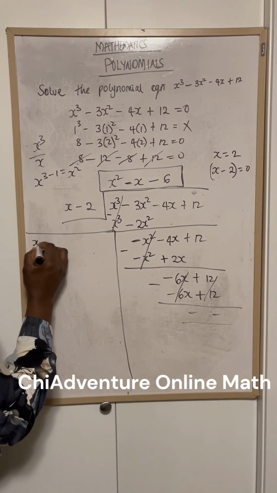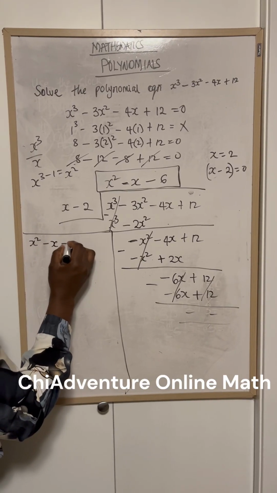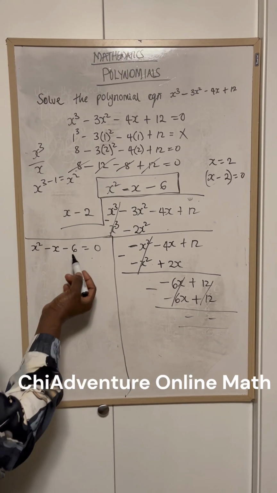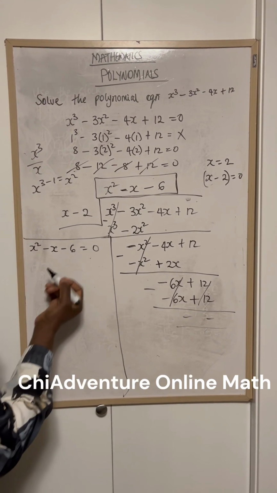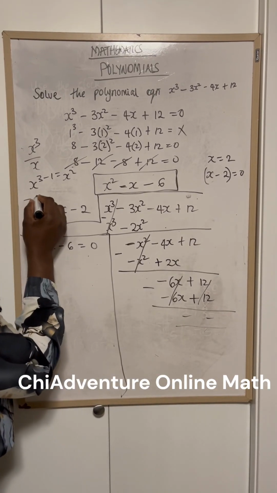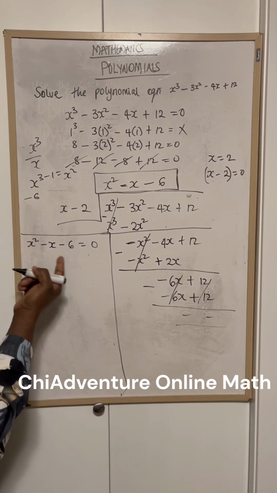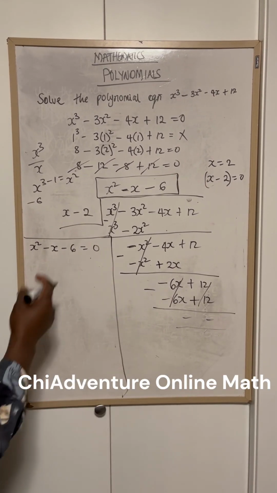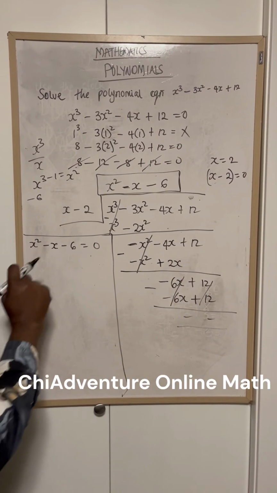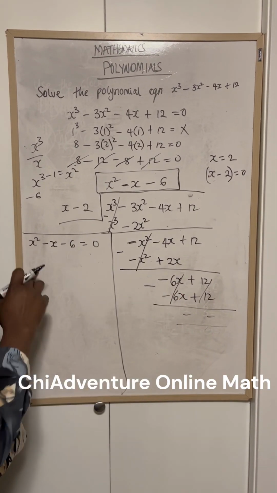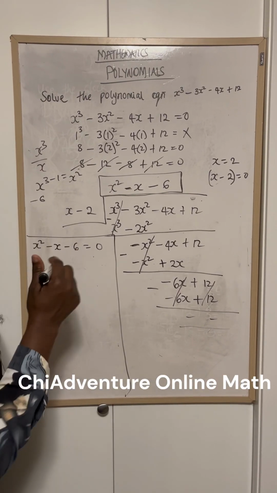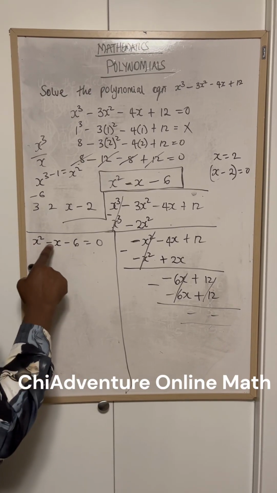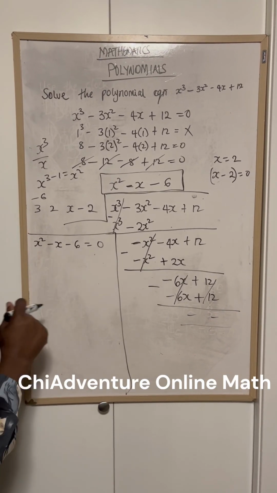So we'll just quickly solve this here. We're having x squared minus x minus 6 is equal to 0. So in factorization, we'll look at what? The constant term. The constant term here is minus 6. What are two factors that when I multiply them will give me minus 6, and when I add them will give me minus 1? So we know that the factors are what? 3 and 2. But remember, we have negative signs, so we need to play around with that.